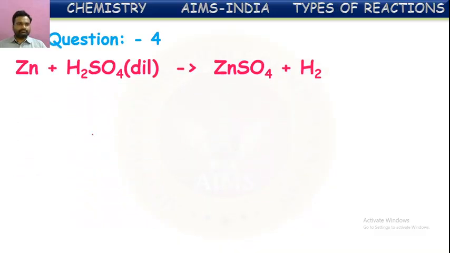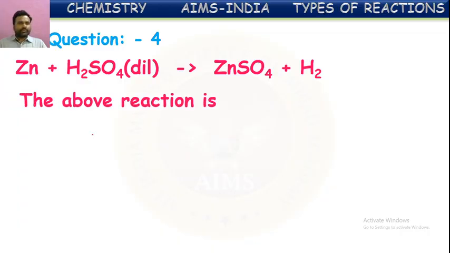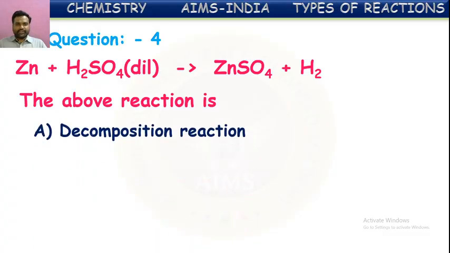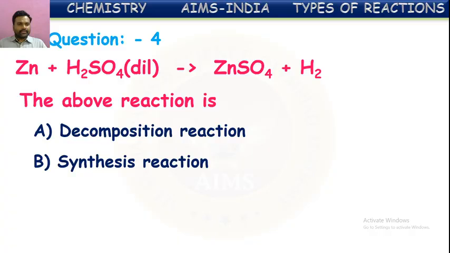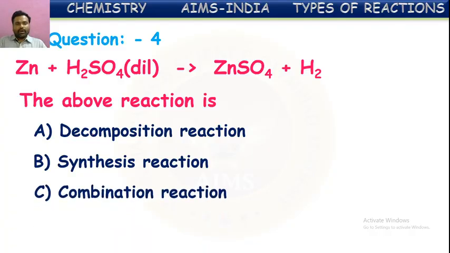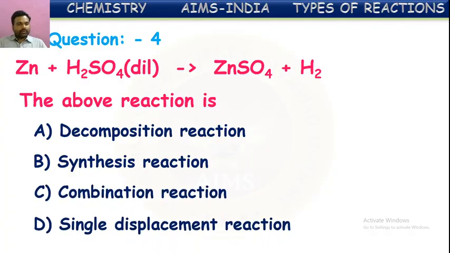Next one. They have given an equation: zinc combining with sulfuric acid to form zinc sulfate and hydrogen. The above reaction, what they are asking, is it a decomposition reaction, is it synthesis or combination, or single displacement reaction?